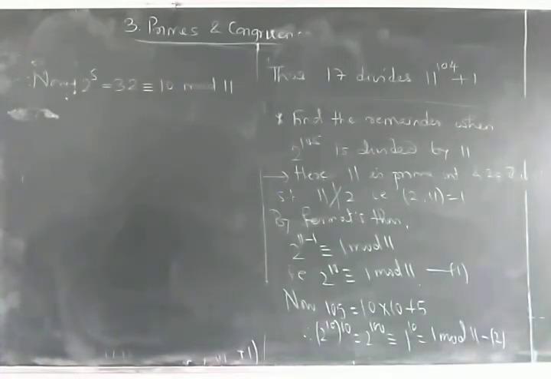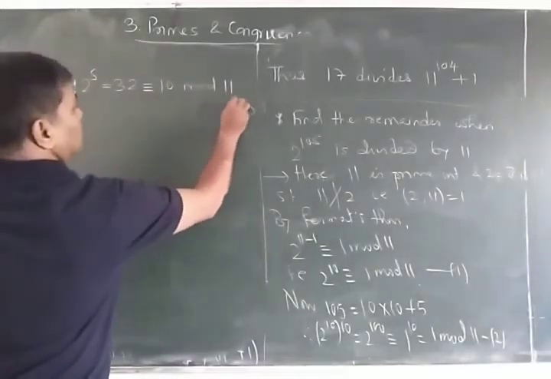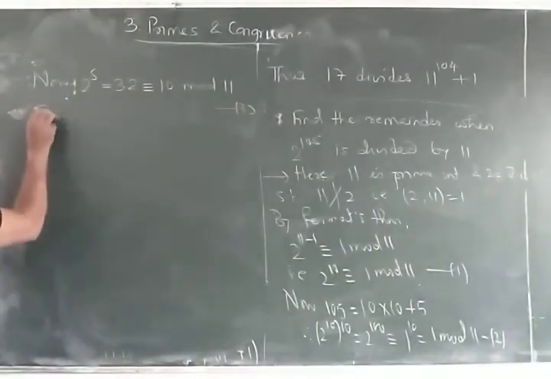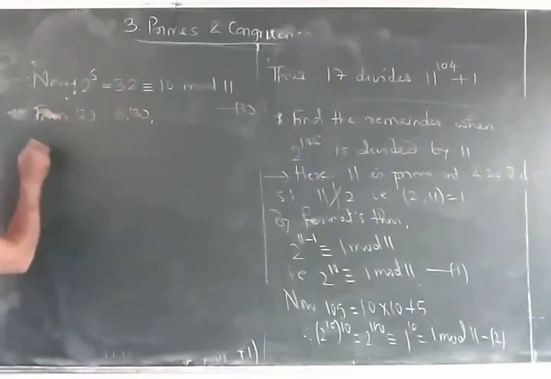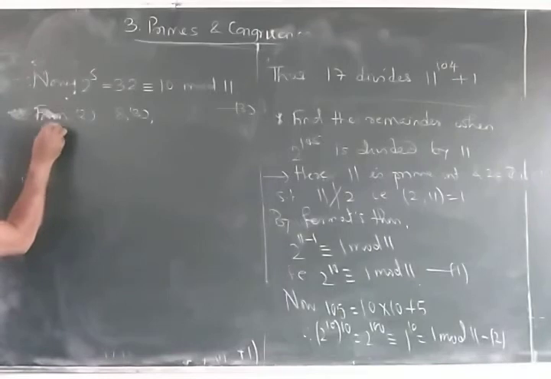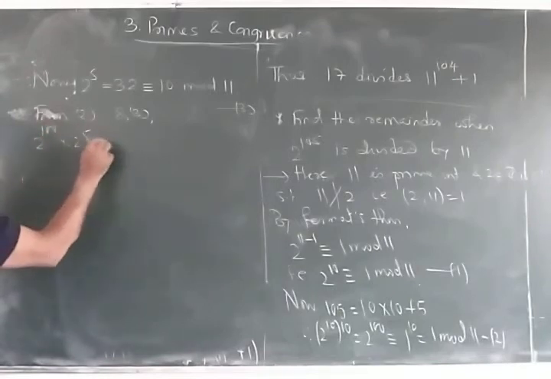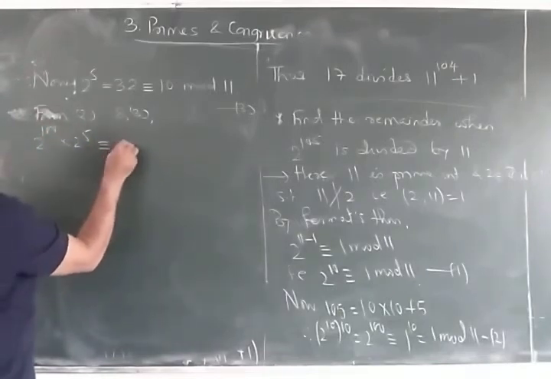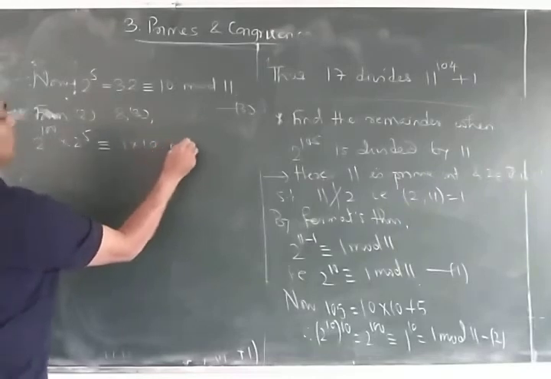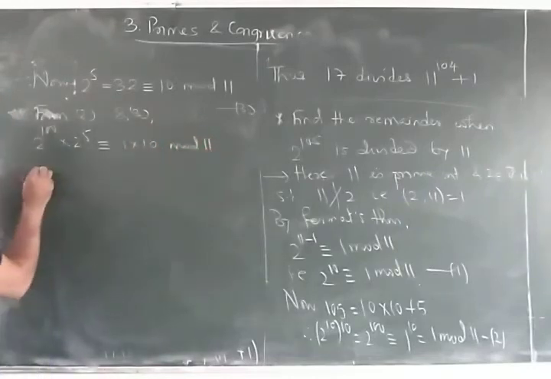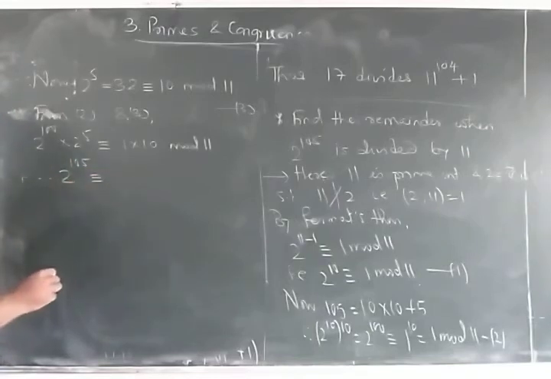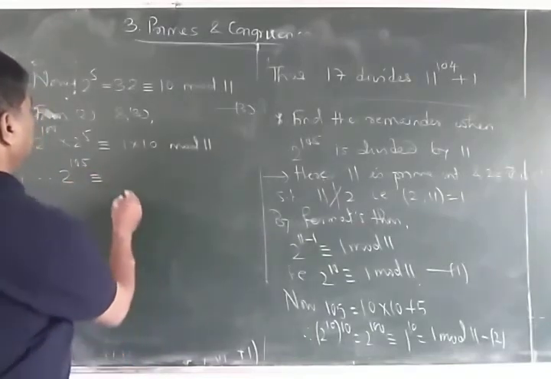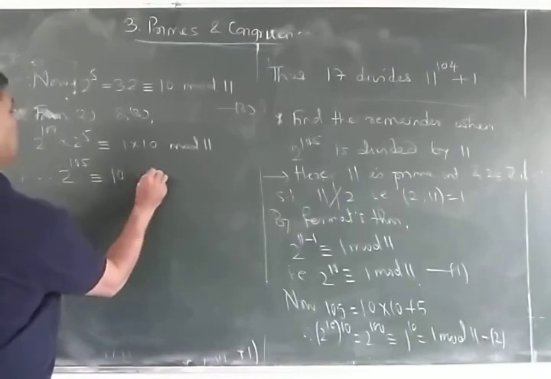Is it clear? Therefore, this is 3. From 2 and 3, 2 raised to 100 into 2 raised to 5 is congruent to 1 into 10 modulo 11, and therefore 2 raised to 105 is congruent to 10 modulo 11.